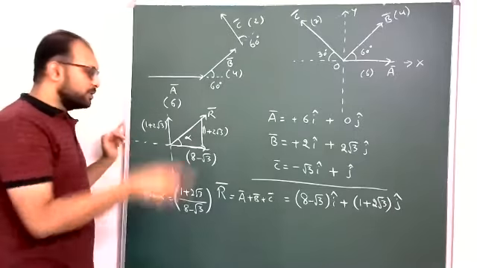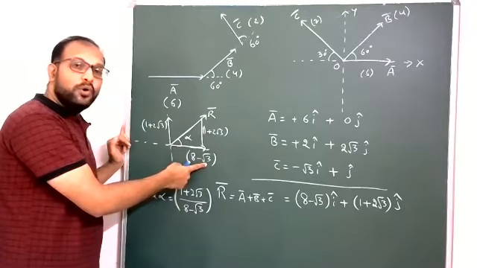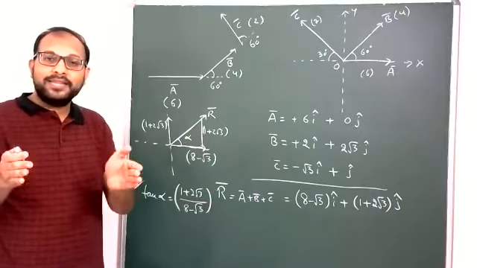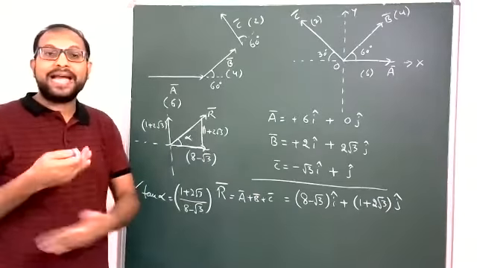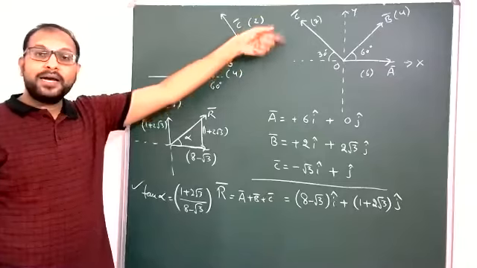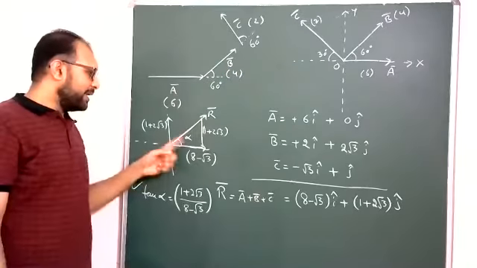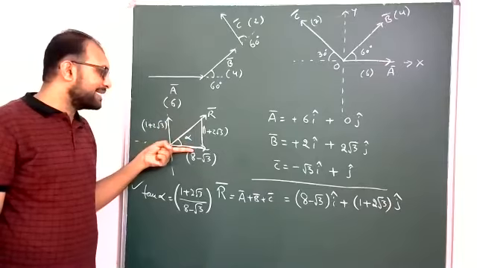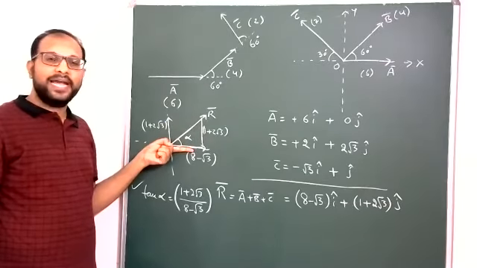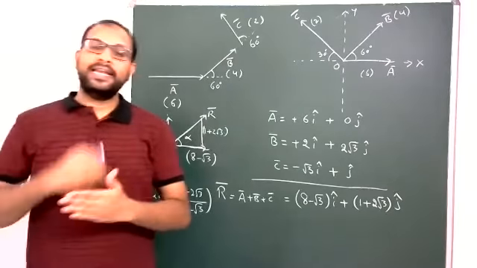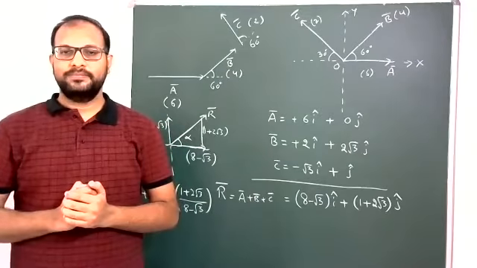Yes, under root of (8 minus root 3) whole square plus (1 plus 2 root 3) whole square is our final answer for the magnitude of the resultant vector of a bar, b bar and c bar. Then alpha is the angle made by the resultant vector with the x-axis. So in this way, students, you can add any number of vectors.